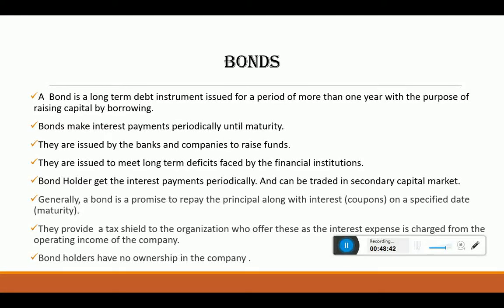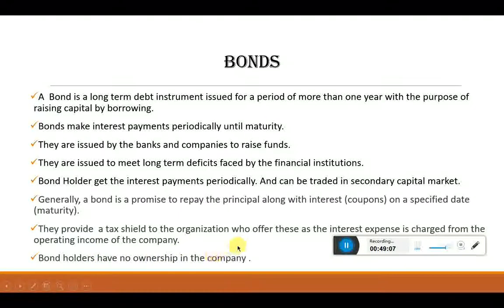But interest is not subject to tax. Interest is an expense, and expense reduces your income tax, while dividends increase your tax burden. So that's why most of the companies issue bonds as a tax shield to save them from tax, as well as to fulfill their financial obligations and financial deficits.